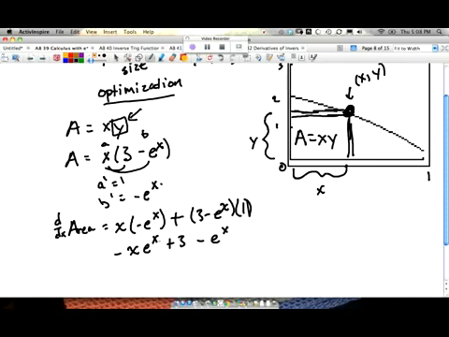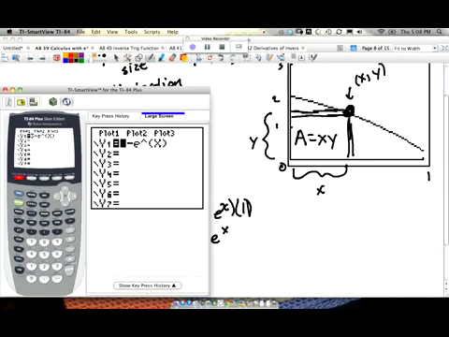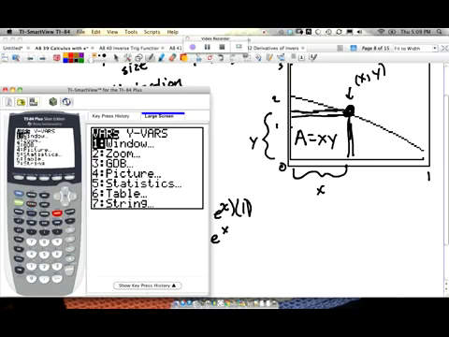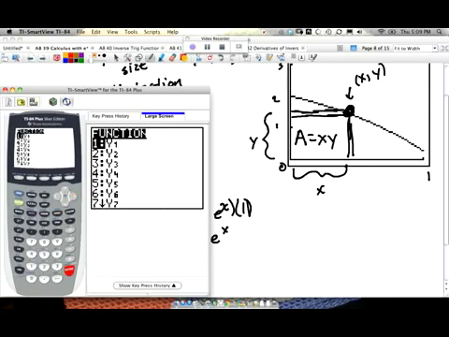We want to make this an optimization. So I could do this probably with a calculator a lot better. Let's do that. So I'm going to go up here, and this is kind of interesting. Since that's my y, I'm just going to put in here x times, I'm going to go to my vars menu, y vars, and over to function y1.